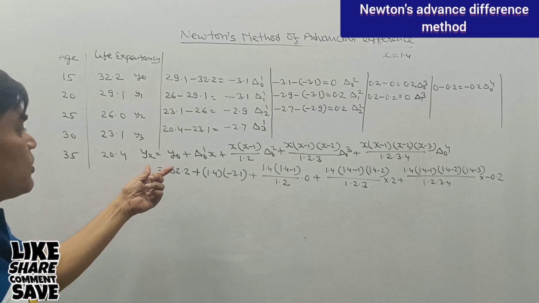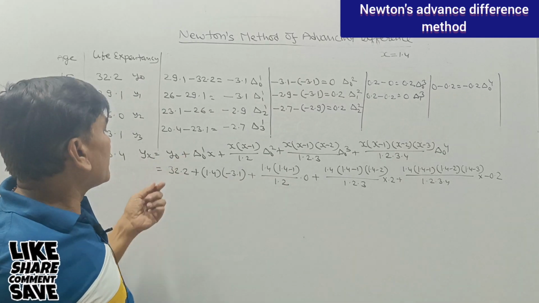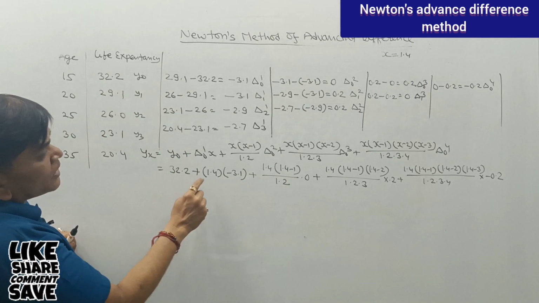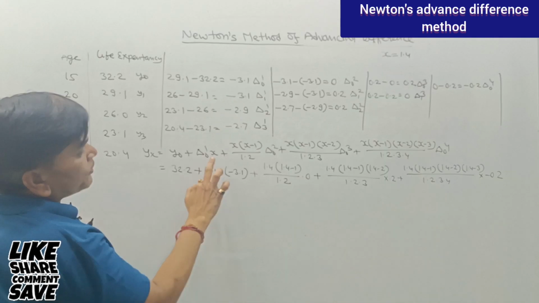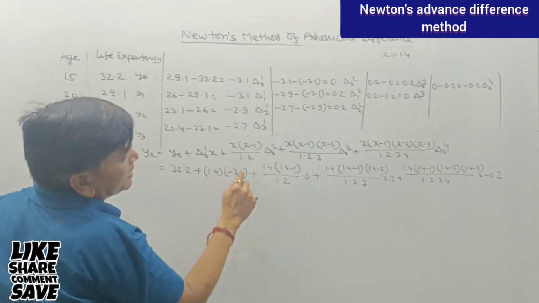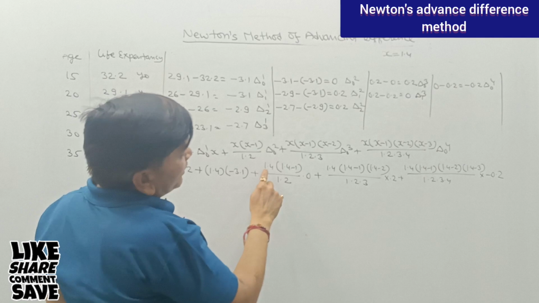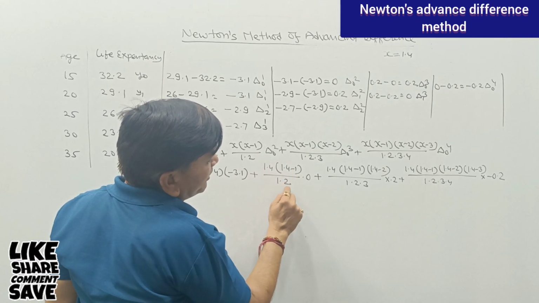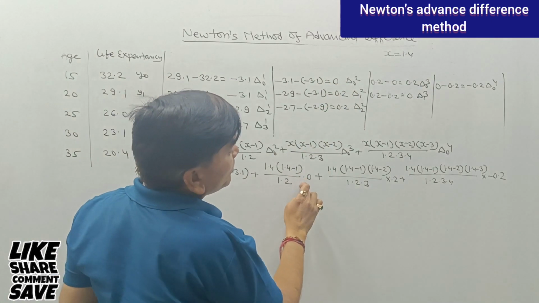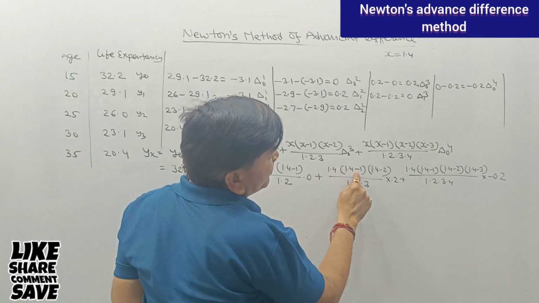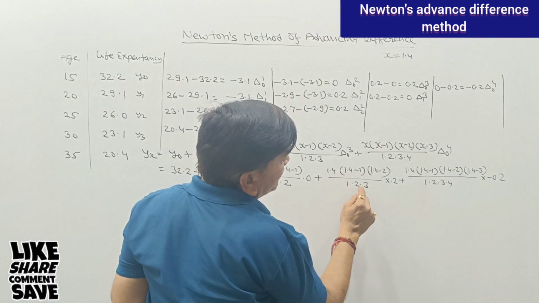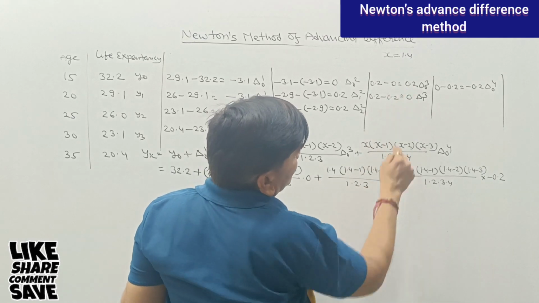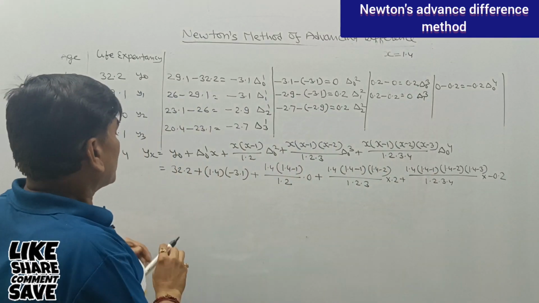So we have put the values: y0 is 32.2, then x value is 1.4 and delta 0 1 is minus 3.1, then 1.4 minus 1 divided 1 2 and this value is 0, then 1.4 minus 1, 1.4 minus 2 divided 1 multiply 2 multiply 3, that is 0.2, and last one this.